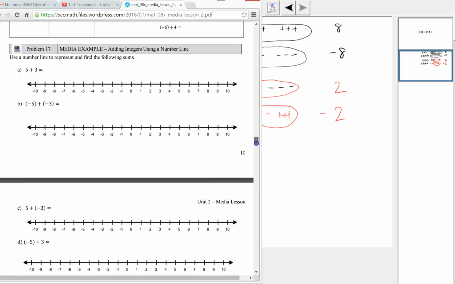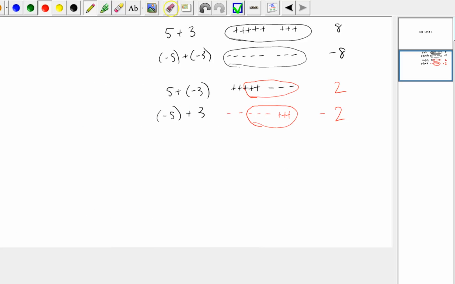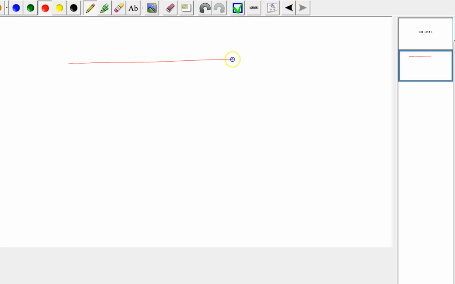Okay, and then with the number lines, a similar thing happens. Sorry, I can't draw directly on the number lines, so I'm just going to show you the gist. Okay, so if we have 5 plus 3, I'm not going to draw all the tick marks, but we start at 0, we move 5 and 3 in the positive direction, so the 3 is added on to the 5.